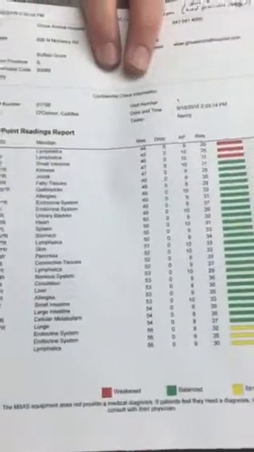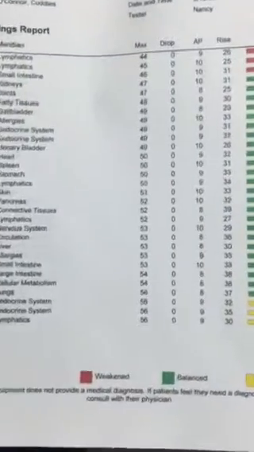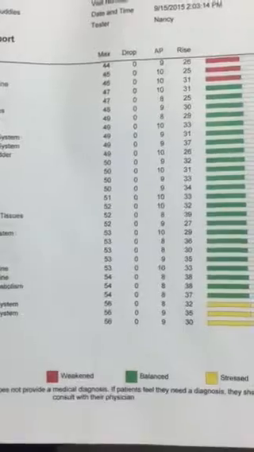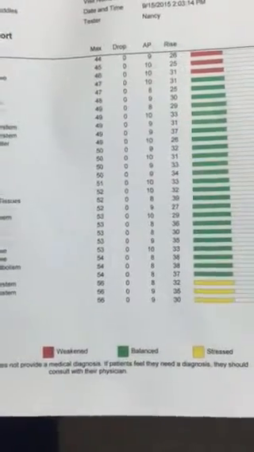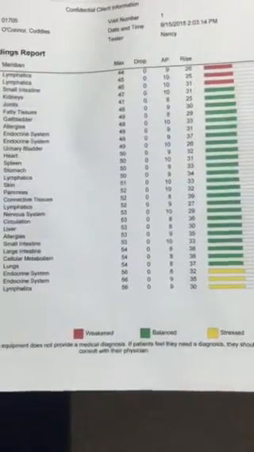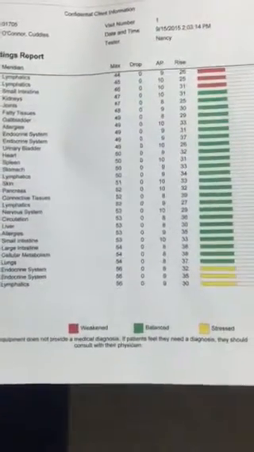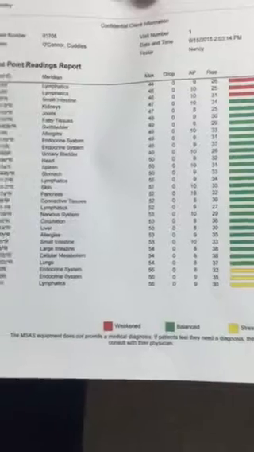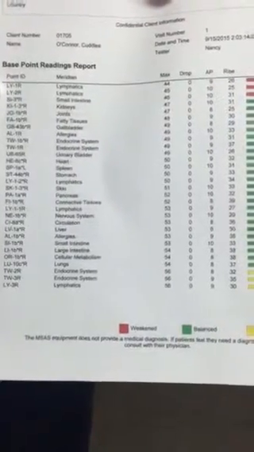And so if we look at this particular patient's IHC report, we can see that on the red side is stress. In stress and weakness, what it does is basically this has been going on for some period of time. And if we look at LY1 and LY2, this is tonsil and the teeth and jaw drainage.